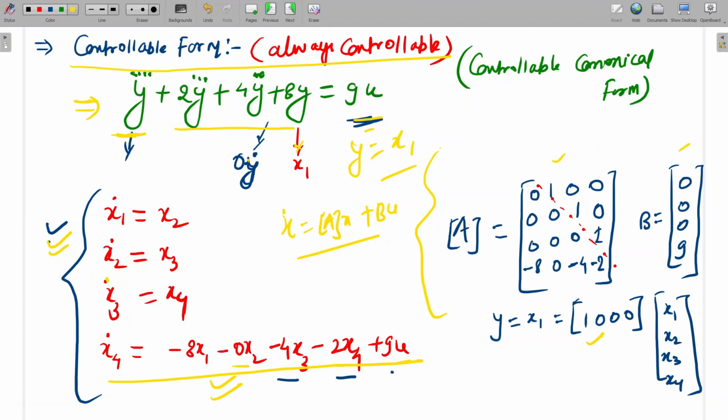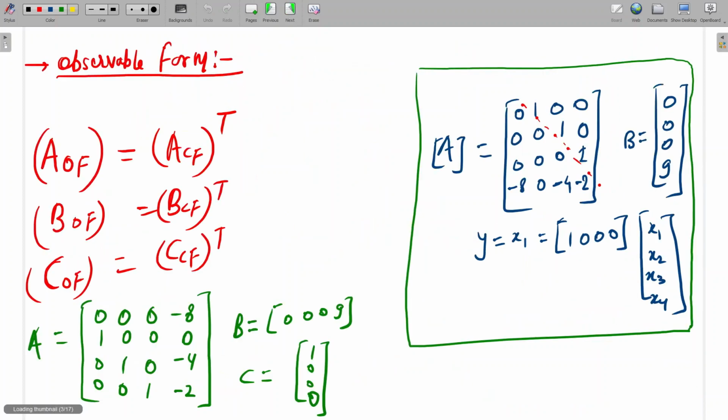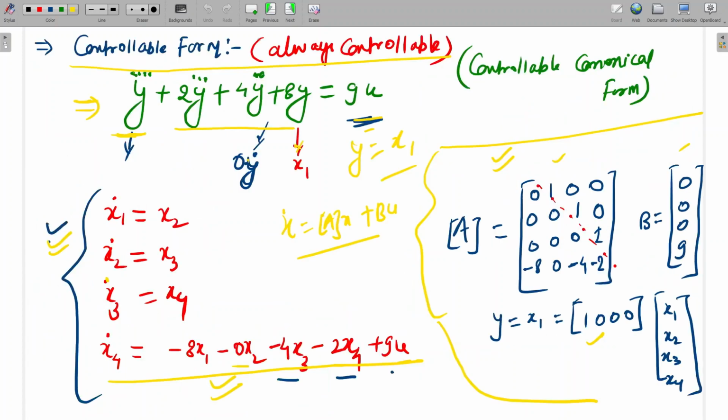So this form is the canonical form, the controllable canonical form, and it will always be controllable. So next is the observable form. The same system we can write in observable form also. So what we should remember?